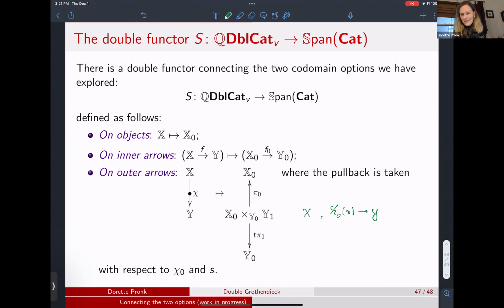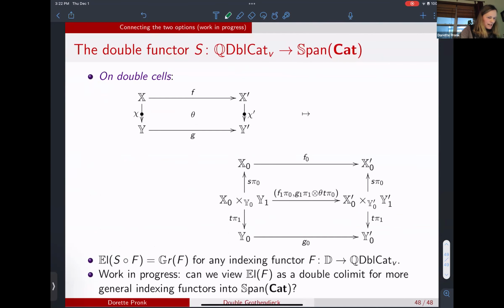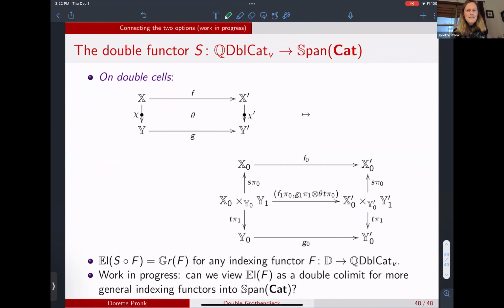That looks a lot like something Grothendieck-y, and in this vein, you then just take the projection on the first coordinate, pi 1. So take the y here for the second part. So that gives you, and then on the double cells, you just have to think for a bit and realize what needs to fit there in the middle.